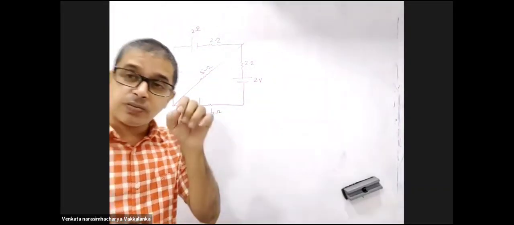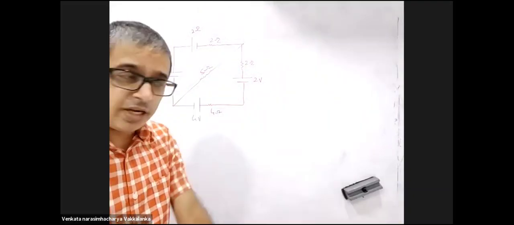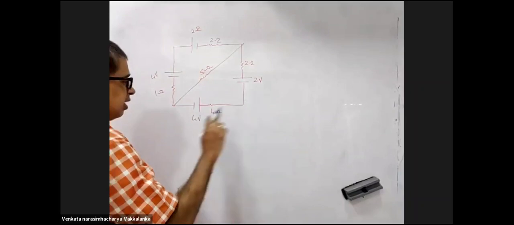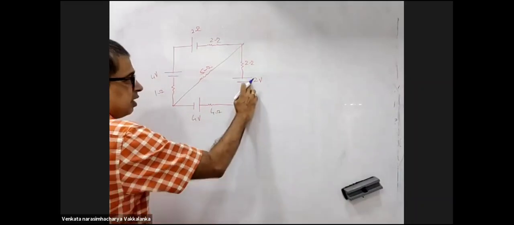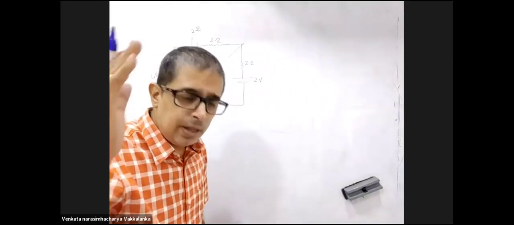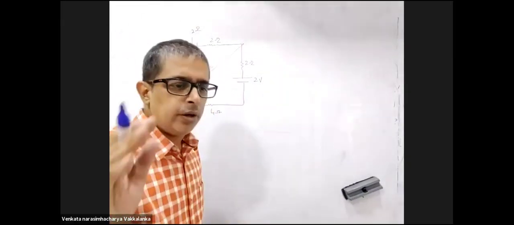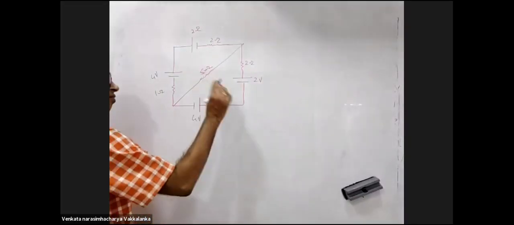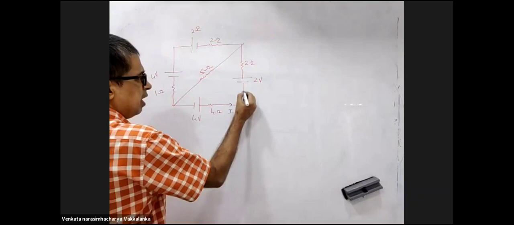One, which is prescribed by the JEE people, is Kirchhoff's law. Start from one point. Never ever tell me this battery sends I1 current, this battery sends I2 current. Battery doesn't send current. Battery is neither a source nor a sink. It only maintains a potential difference. Start from one end. Take capital I here.